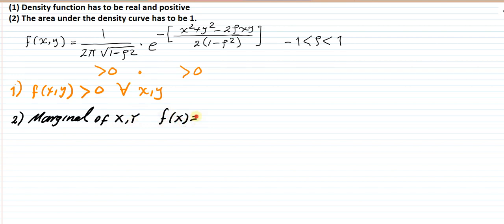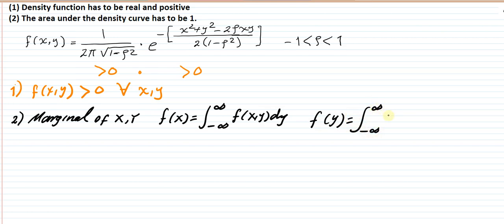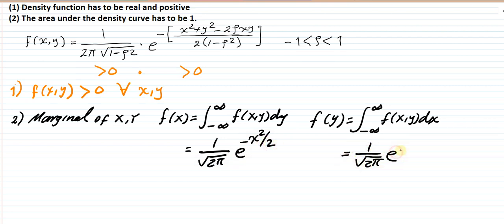So f of x is the integral from negative infinity to infinity of f of x y dy, and f of y is the integral from negative infinity to infinity of f of x y dx. The actual forms are 1 over square root of 2 pi e to negative x squared over 2, and for y, 1 over square root of 2 pi e to negative y squared over 2.